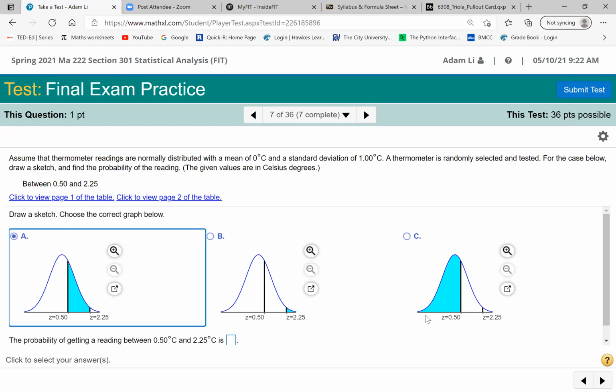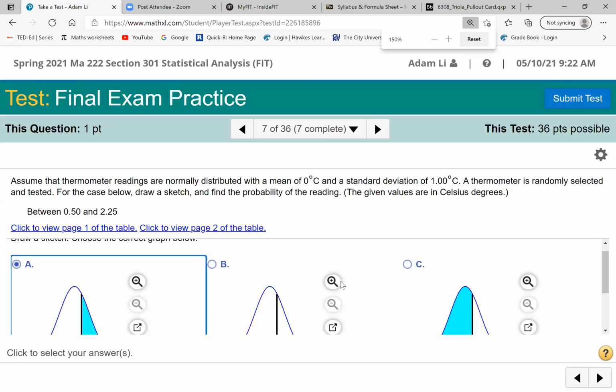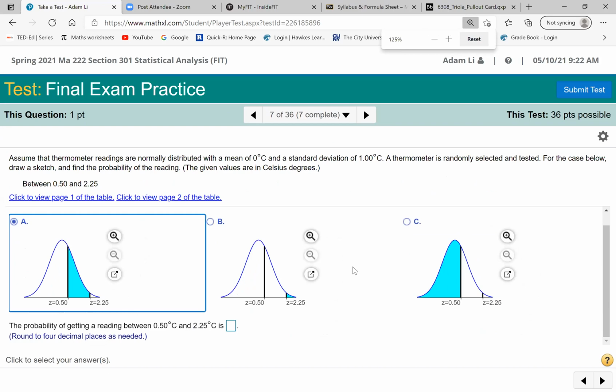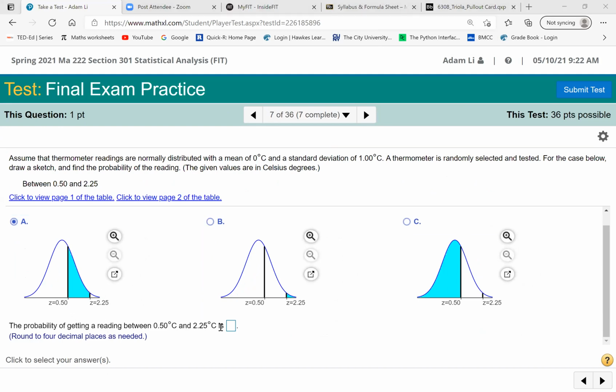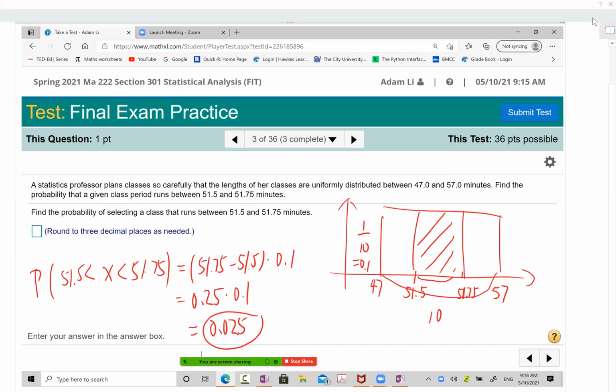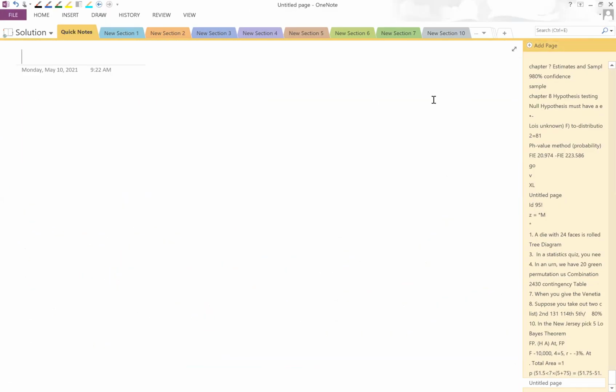Now, in order to find out the probability associated with this, we need to find the area corresponding with the bigger z-score first. Let me just transfer this into the notes and show you the detail. Area in between.